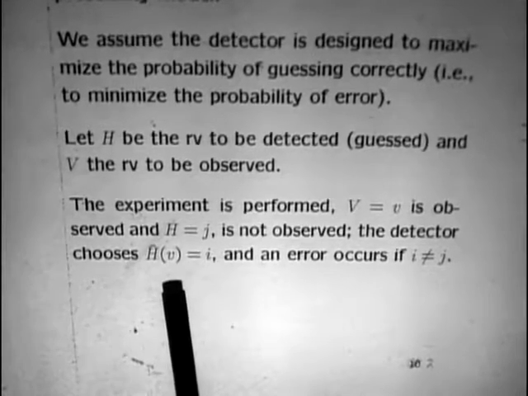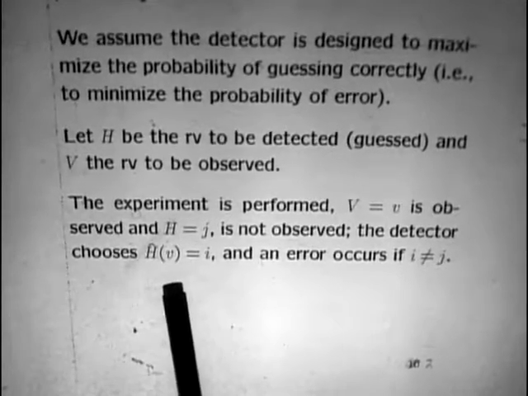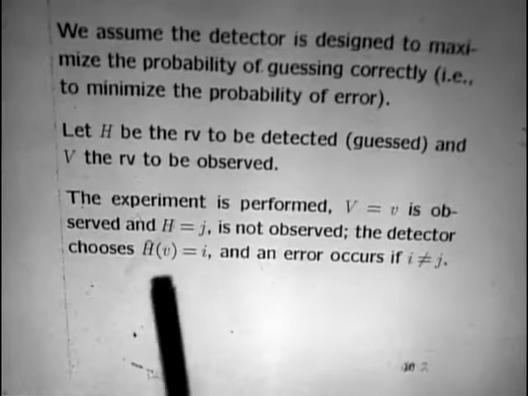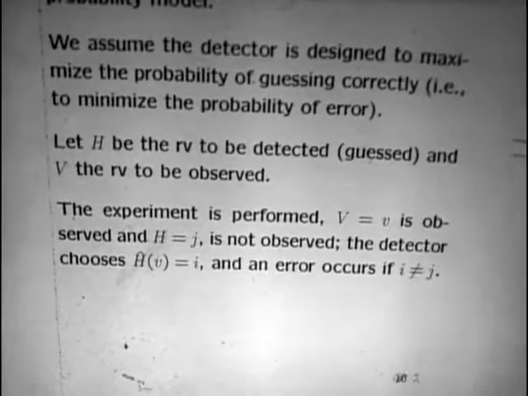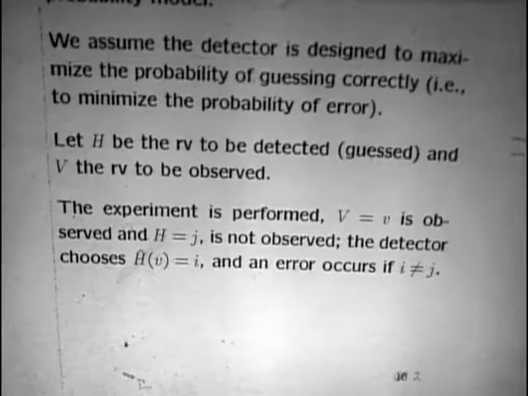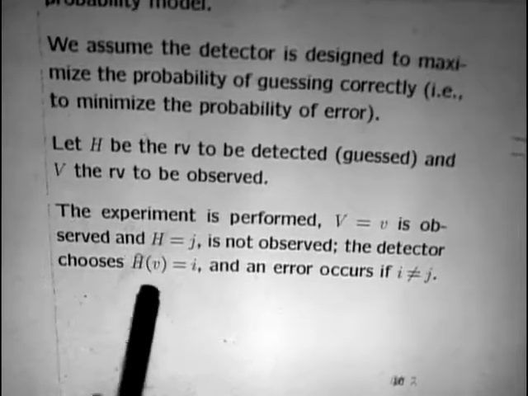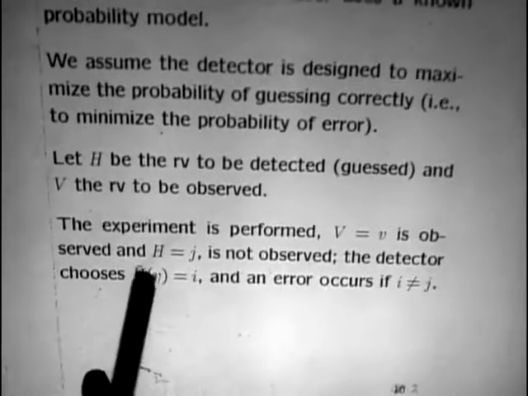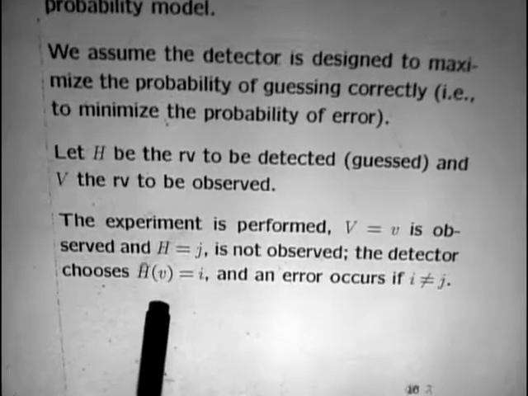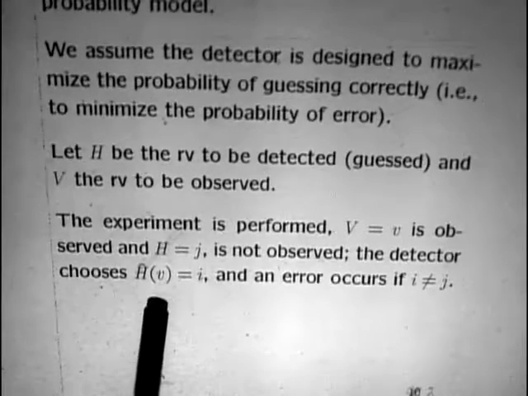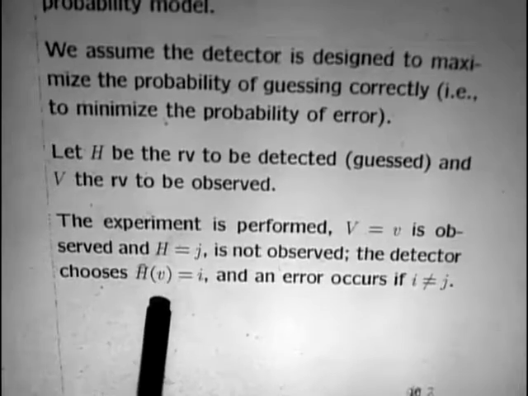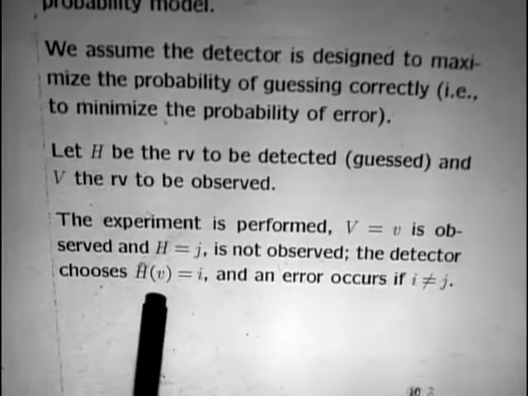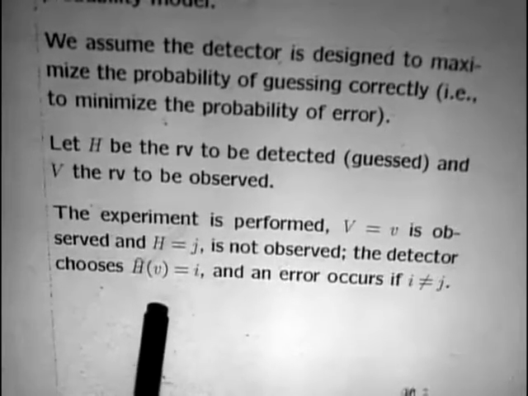So we have one random variable H, which is what actually happened. There's another random variable, H hat, which is what the detector guesses will happen. This is an unusual random variable because it's not determined ahead of time. It's determined only in terms of what you decide your detection rule is going to be. This is a random variable that you have some control over.